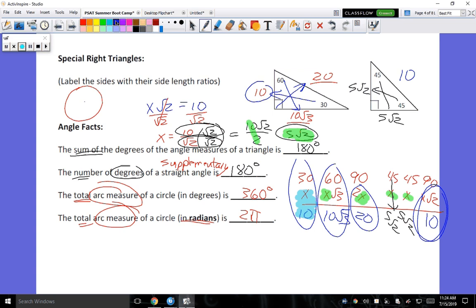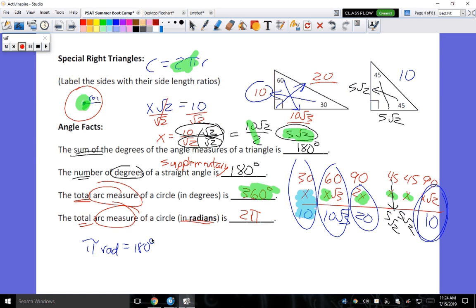If I told you that the radius was 1, which we learned the unit circle in pre-cal, what would the circumference be if the radius was 1? 2 pi. So 2 pi is quote-unquote representing the same as 360 degrees would. Okay? So if 2 pi is 360, how much would pi be all by itself? 180. So pi radians is the same as 180 degrees.